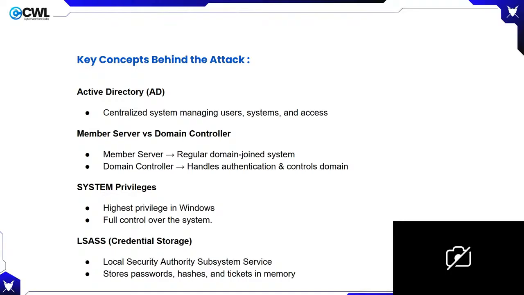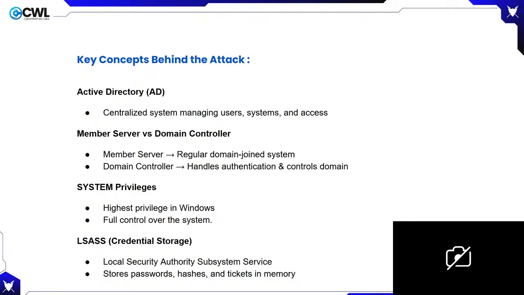Coming to system privileges, here I said that the attacker authenticates to the member server and he gets system privileges. System privilege is the highest privilege in Windows, so one who has system privileges has full control over the system. Next, LSASS.